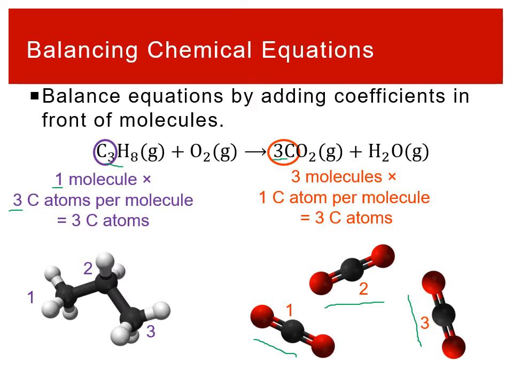and so there are 3 carbon atoms on the reactant side. Now on the product side, for CO2, because each molecule only has 1, what functionally happens is you make more than 1 molecule. You make 3 molecules that each still has the 1 carbon atom. But that gives you a total of 3 carbon atoms. Again, the chemical reaction doesn't change the number of carbon atoms, it just changes their chemical bonds.